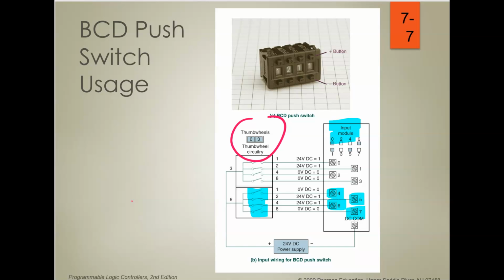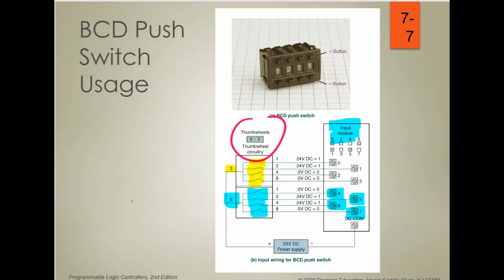Here you can see input 4, 5, 6, and 7 are used in order to tell PLC that we need this particular digit. So for each single digit that PLC needs to read from push switch, in decimal, it needs to have 4 switches, and based on the combination of the condition of these switches, the PLC will know what is the value of your input.